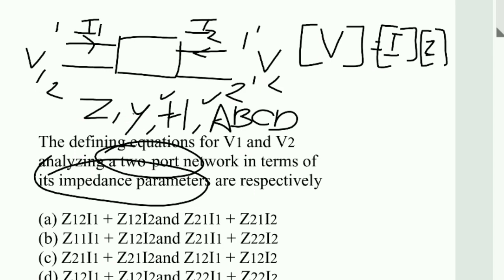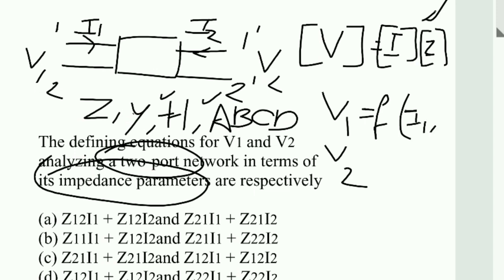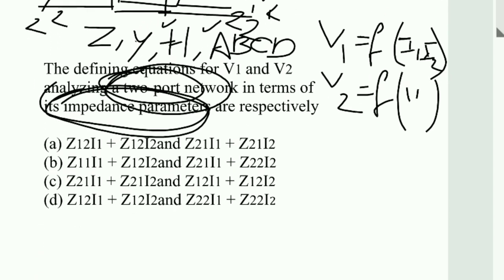This is how we can denote the impedance matrix Z. The impedance parameter is just a tool to express input voltage V1 and output voltage V2 in terms of the currents I1 and I2. This is a function of I1 and I2, and this is also a function of I1 and I2.